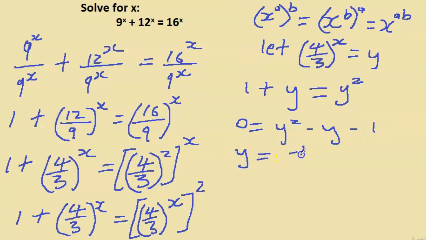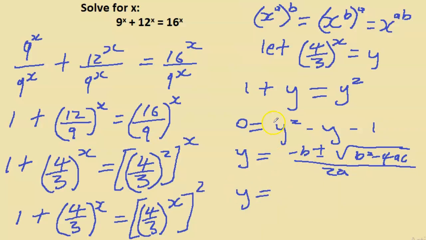And the formula, let me just put the quadratic formula there, since the expression cannot be factorized, so we turn to the formula. So a is the coefficient of the square term here, b is the coefficient of the y, which is minus 1, and c is the constant, negative 1.